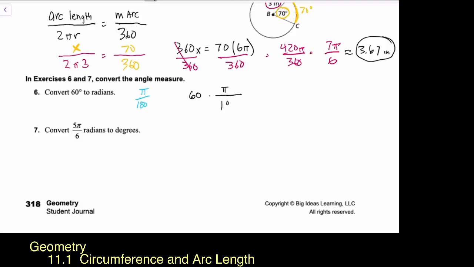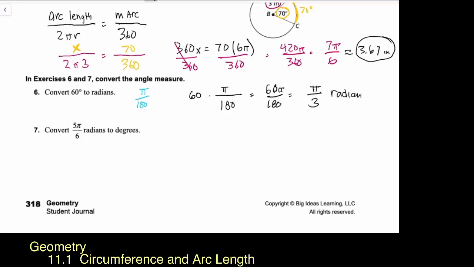And that will allow things to cancel off, and then you're left with pi. And if pi is in your answer, you have it in radians. So we have 60 pi over 180. If we multiply across, 60 over 180 ends up being pi over 3. And this is in radians.